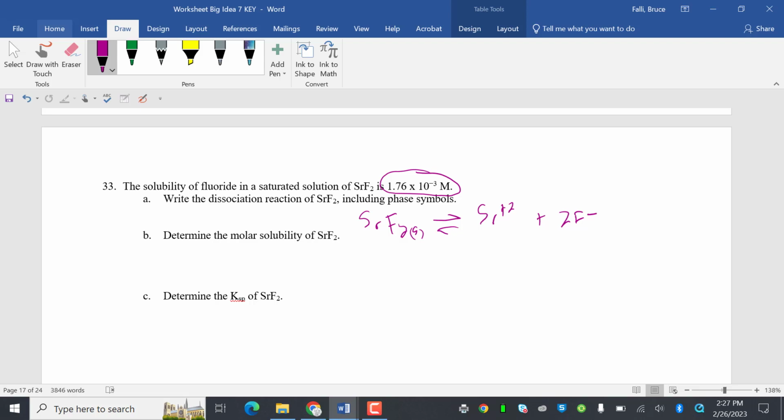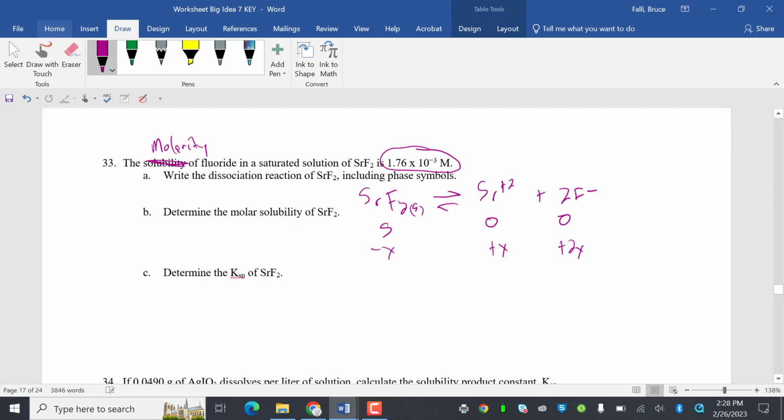The solubility of fluoride. So this is some, 0, 0, minus x plus 2x. This should say molarity. I apologize. And we know that this, for fluoride, is 1.76 E negative 3.